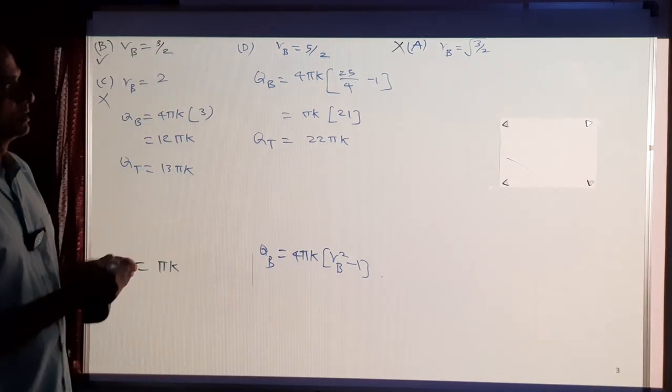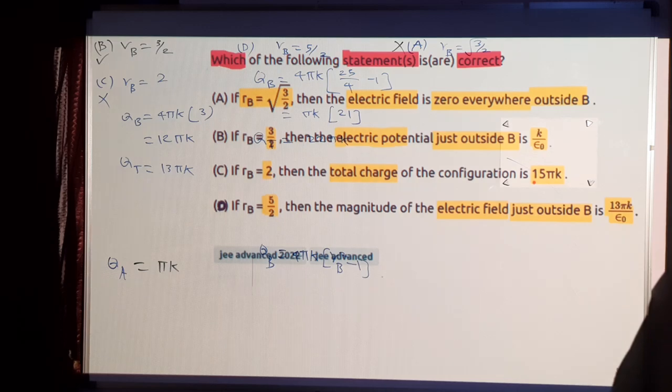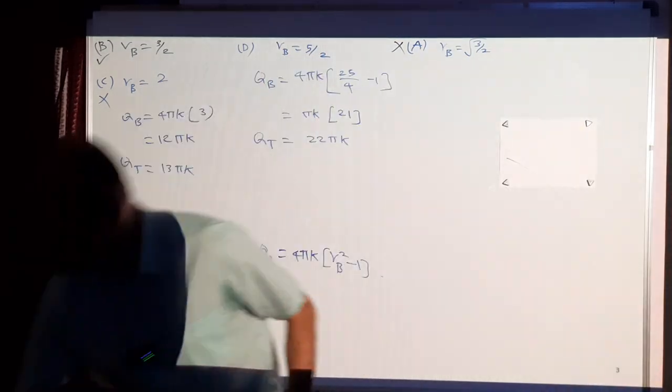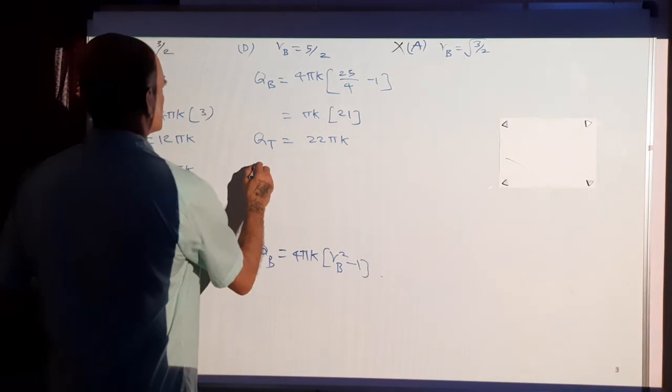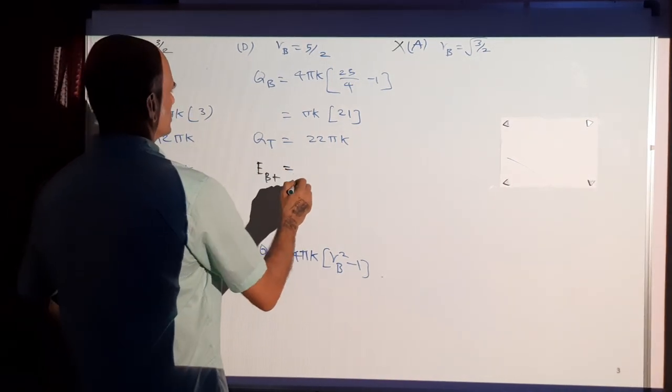So total charge for option D is 22 pi k. So you have to find the electric field just outside B. So that is the electric field at B plus, which means just outside B. So it's like a point charge.